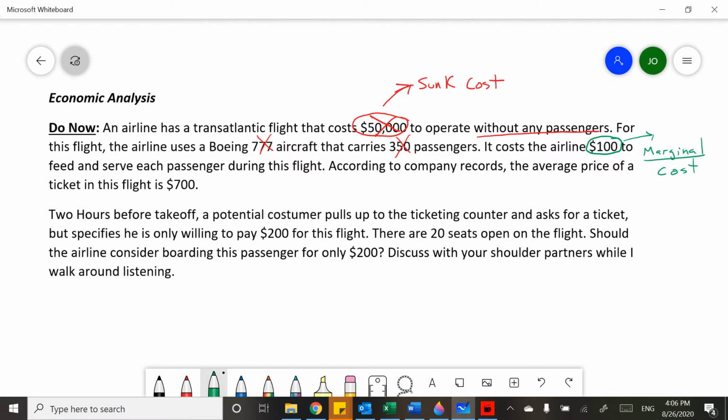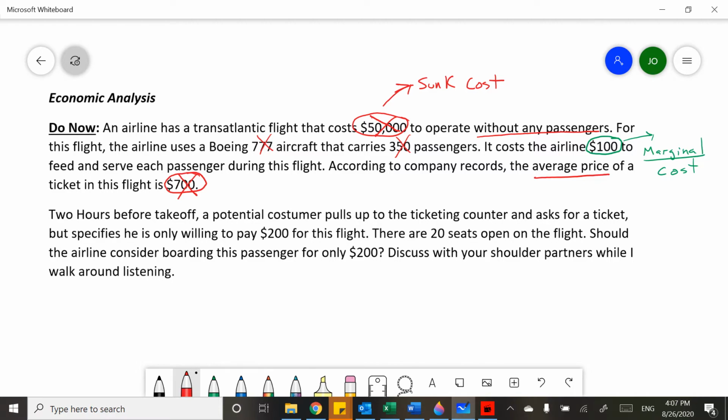When we talk about the word marginal, we are talking about one more unit. So in terms of marginal cost, we're saying how much does one additional passenger cost the airline. And then we have this $700. This is going to turn out to be an irrelevant number. We need to forget about this because this is the average price. Average price doesn't mean that anybody paid $700.